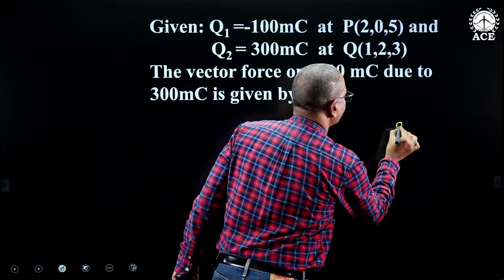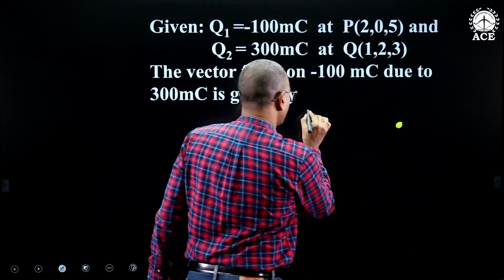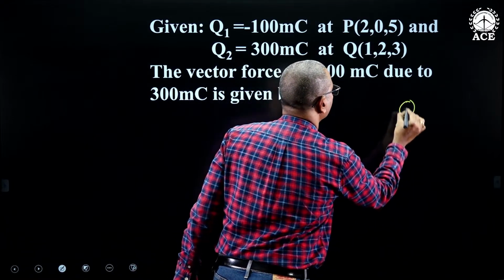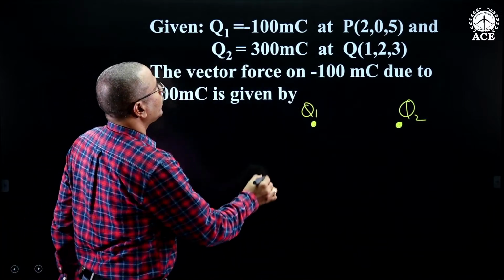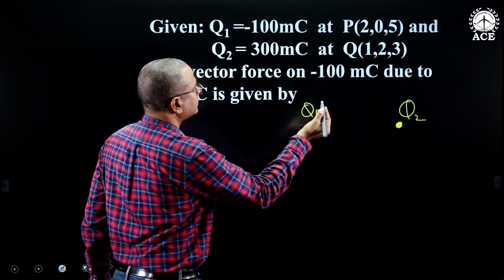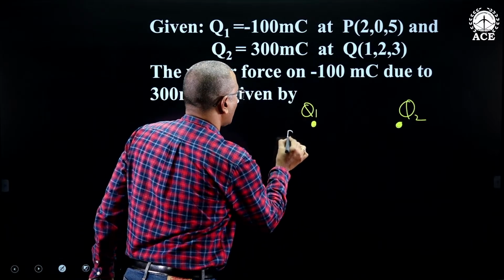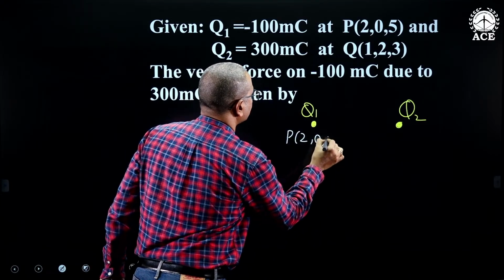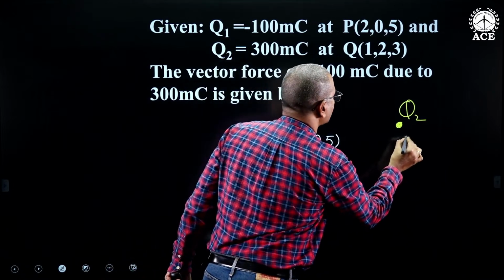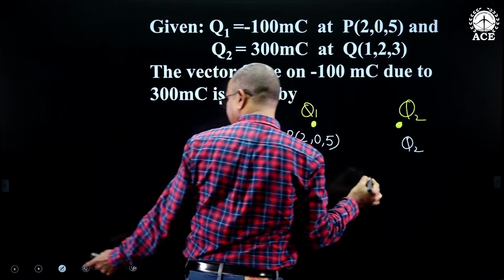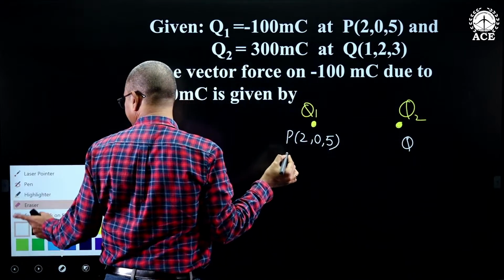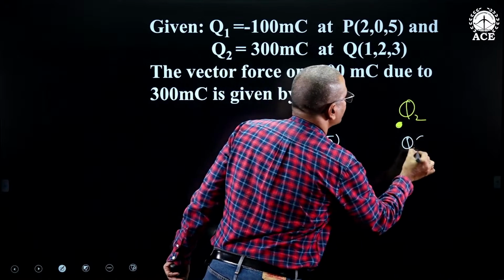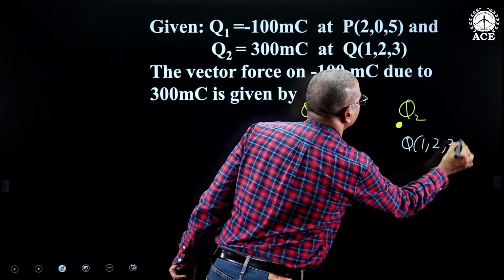These are the two objects we have, Q1 and Q2. Where are Q1 and Q2 located? Q1 is located at P (2, 0, 5). There is another charge Q2 located at point Q in spatial coordinates, which is (1, 2, 3).